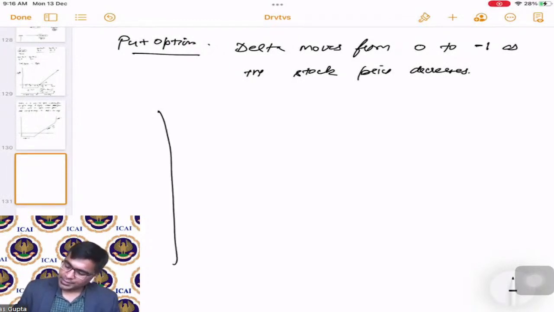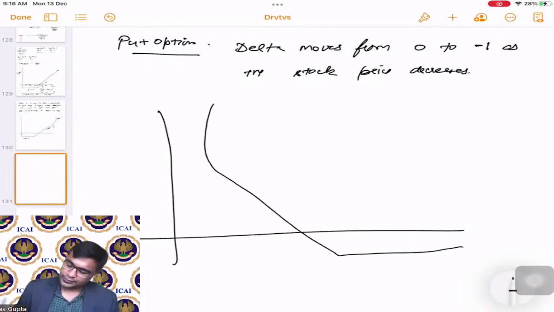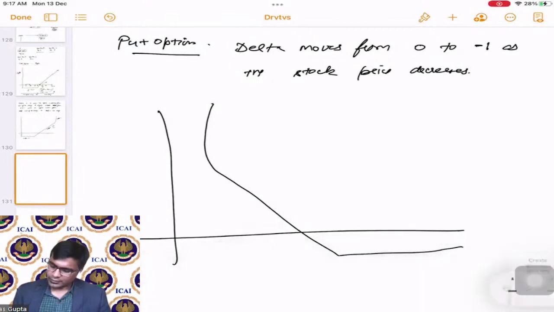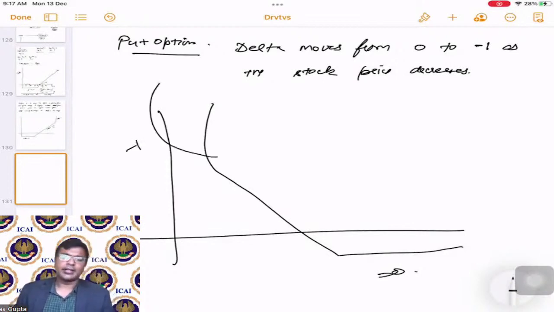Let's say this is the payoff, this is how it used to look, correct? Here the slope is equal to 0 and here the slope is equal to -1, because somewhere it will cross the negative line like this, correct?